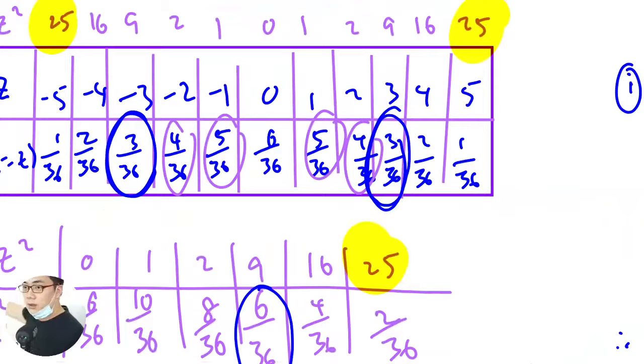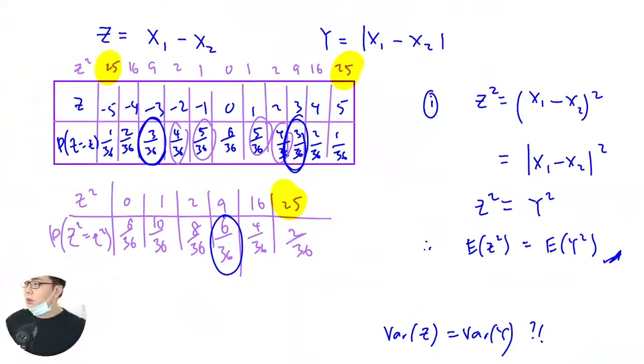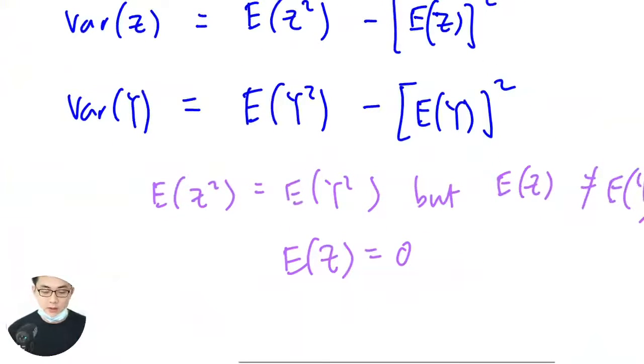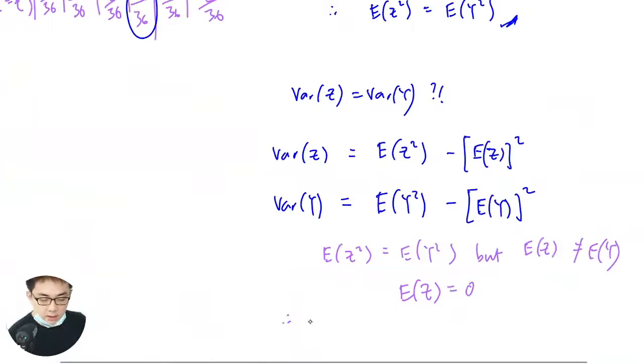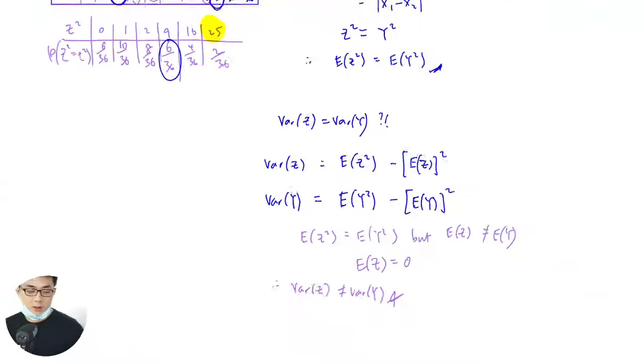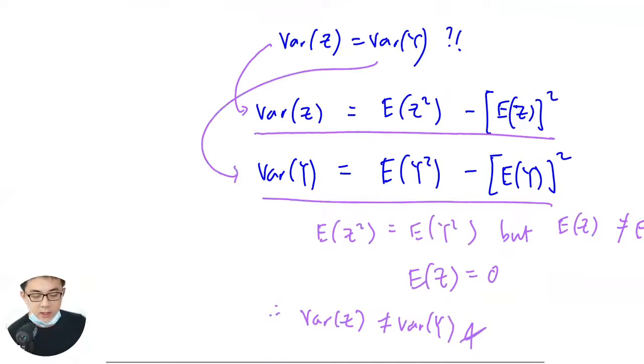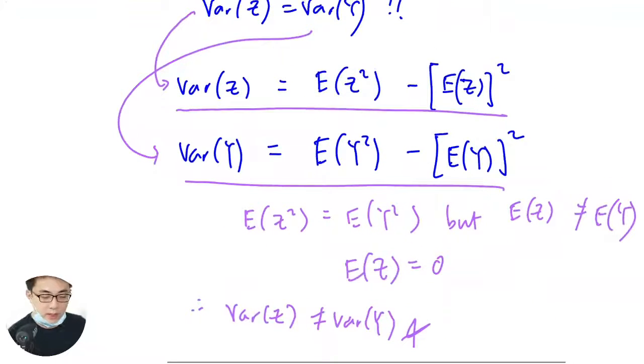The negative 1 would nullify the positive 1 on the other end, negative 2 nullifies positive 2, and so on. So easily confirmed, it is 0. Hence, variance Z is not equal to variance Y. This is one way you can write it out. I just said variance Z is this formula, variance Y is this formula. Although these two are the same value, we know Z squared equals Y squared, but E[Z] is not equal to E[Y].